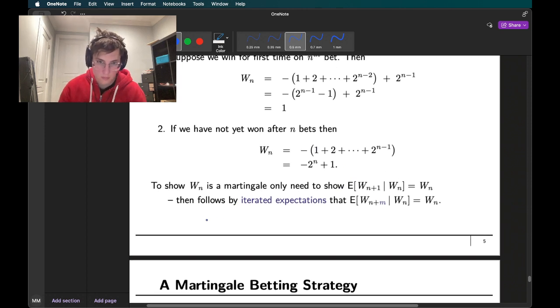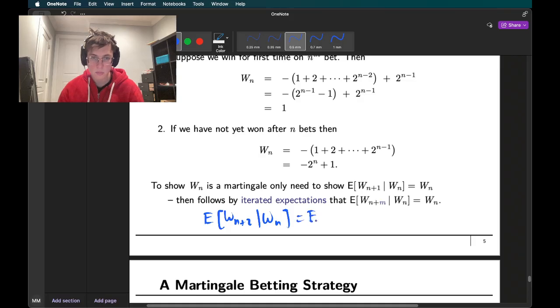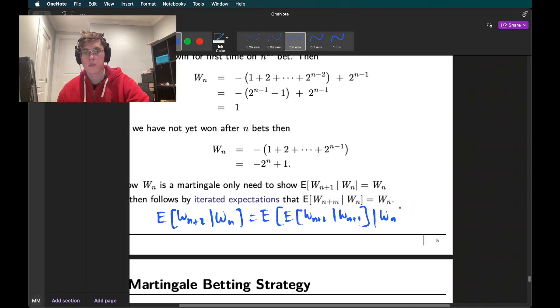So the proof that he gave was the following. The expectation of Wn+2 given Wn is just equal to the expectation of the expectation of Wn+2 given Wn+1, and outside of this, given Wn. So we know what this is.